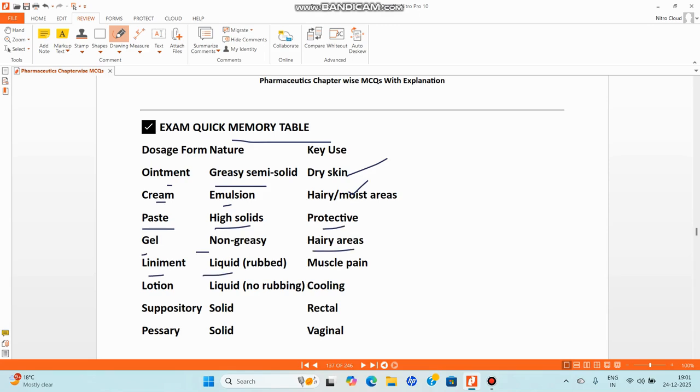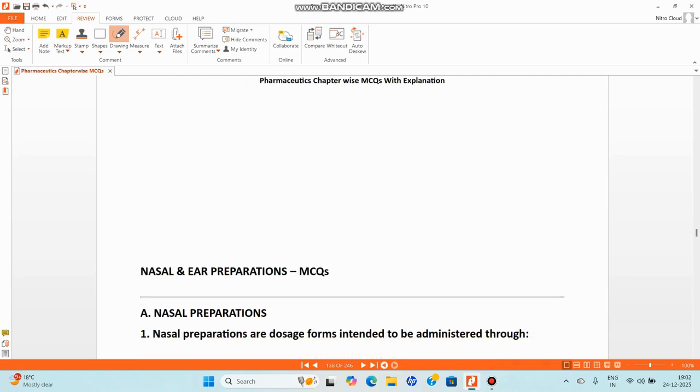Liniment is a liquid that you have to rub, mainly used in muscle pain. Lotion is a liquid with no rubbing, used for cooling purposes. Suppositories are solids used in the rectum, and pessaries are solids used in the vagina. Okay, so this is very, very important.